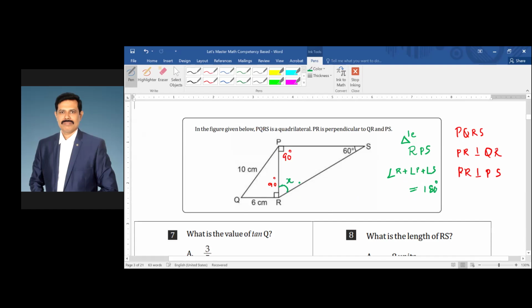Suppose I say it is X. If you see this triangle, we can find angle X first. I think you agree with me. If you are agreeing, that means we are ready to solve this problem. This is the basic starting point you have to understand.